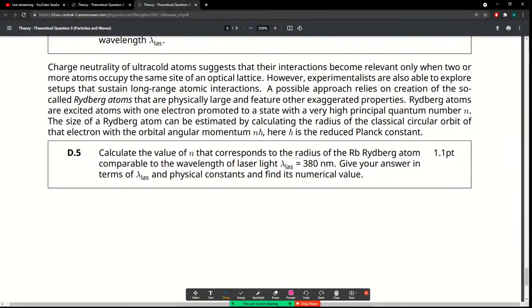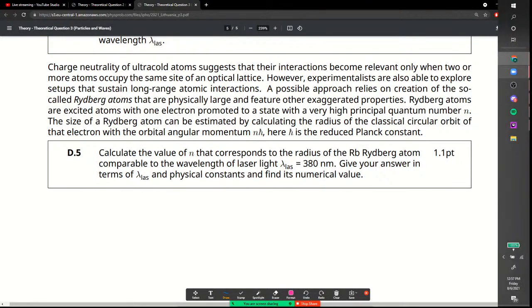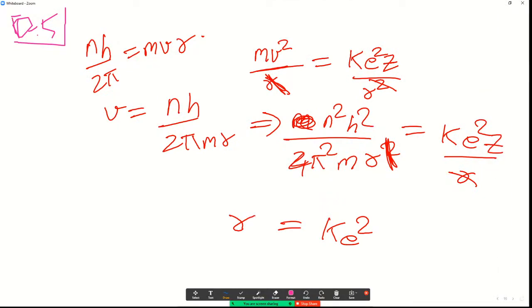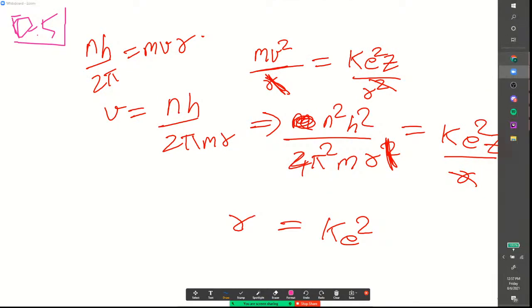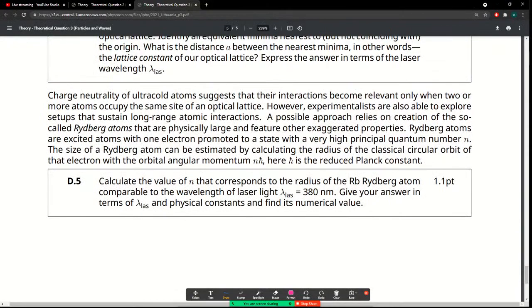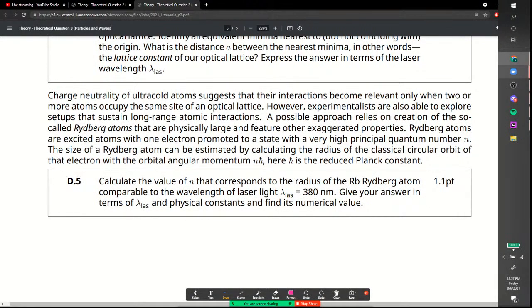We have r equals k e square Z. Wait, I think I messed up.